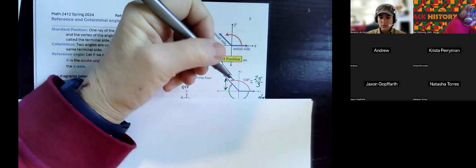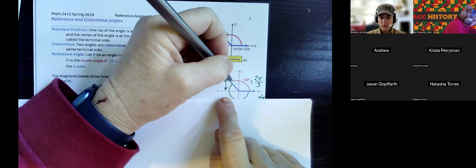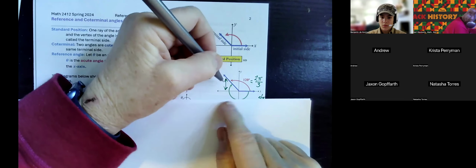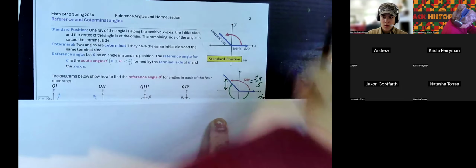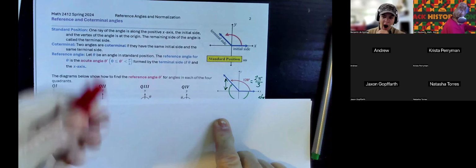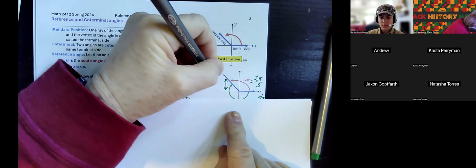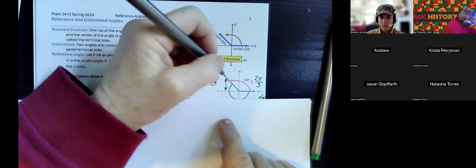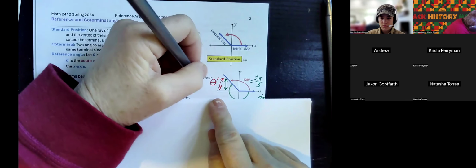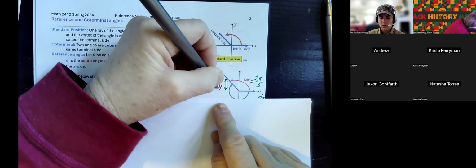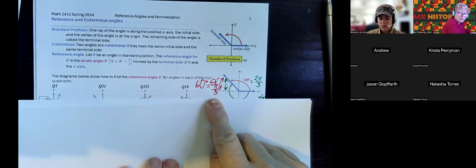So that means that the reference angle for 120 degrees or for 2 pi over 3 is going to be, let me put it in red because everywhere else it's in red, this distance. And like Ben just said, it's going to be 60 degrees or pi over 3 radians.